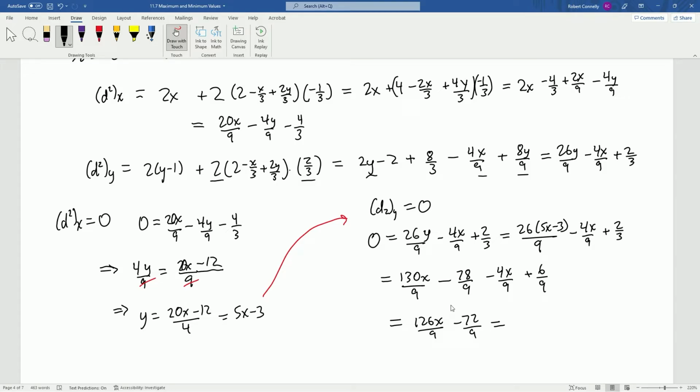Okay, so 126 divided by 9. Well, 126 is divisible by 9. And what is it? It's 14x minus 8. So 0 equals 14x minus 8. Move the 8 across, divide by 14, and we get x equals 4/7.